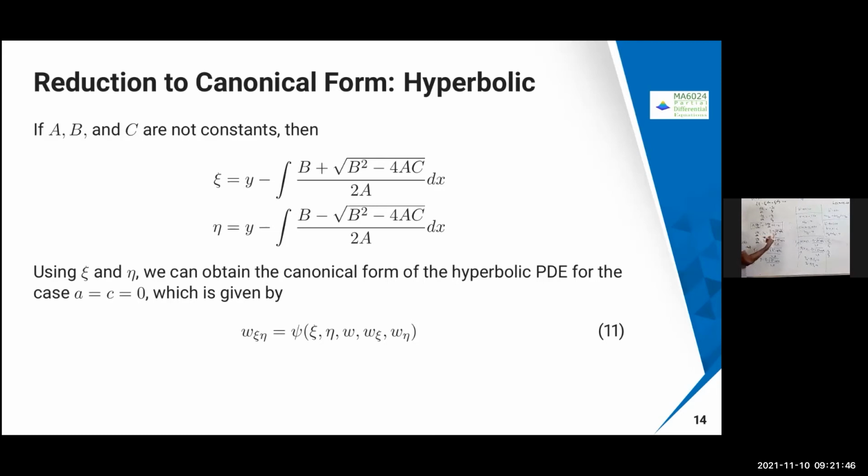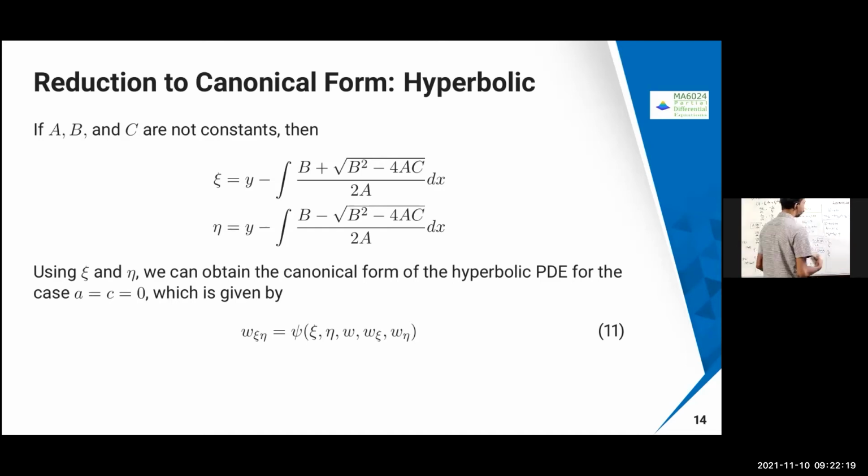If a, b, c are not constant, then chi equals y minus the integral of (b plus square root of b square minus 4ac) by 2a dx. Similarly, eta is going to become y minus the integral of (b minus square root of b square minus 4ac) by 2a dx.